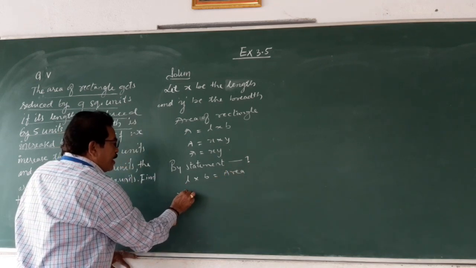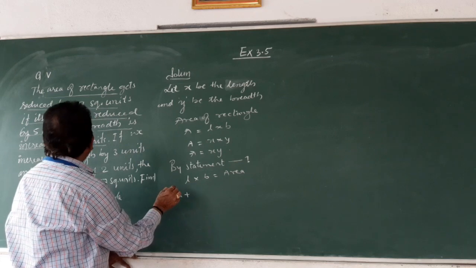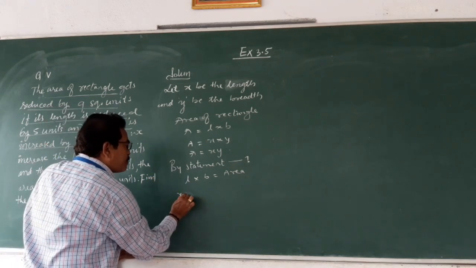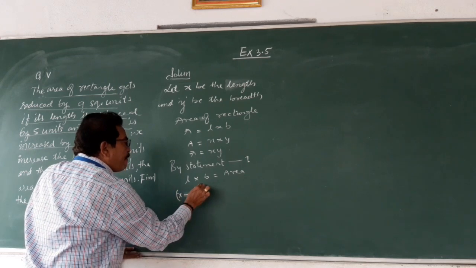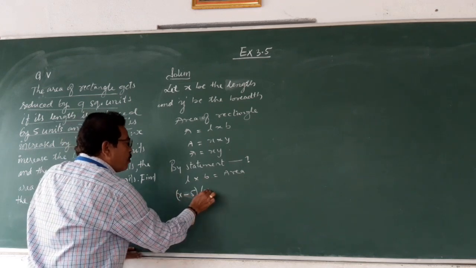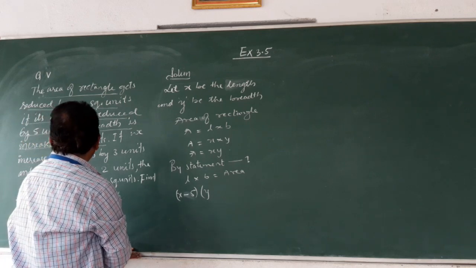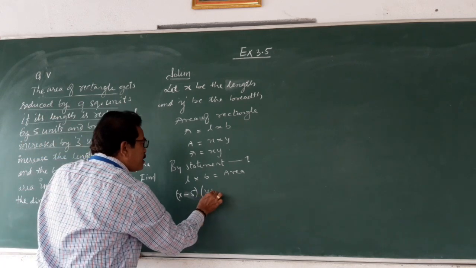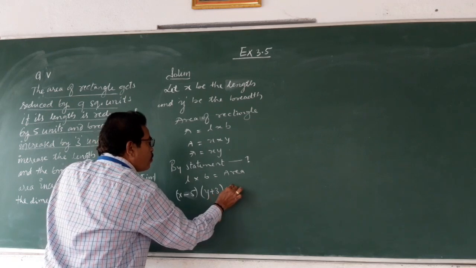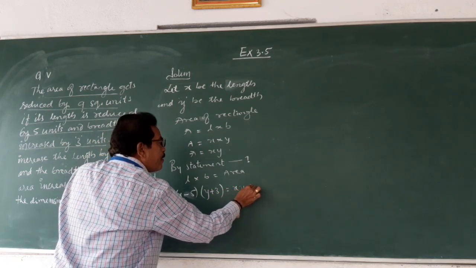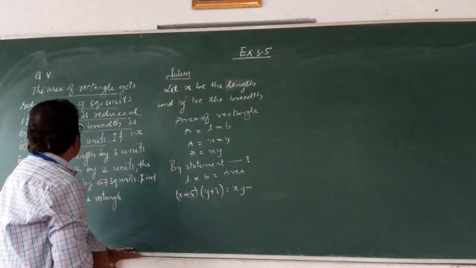Length is x, if its length is reduced by 5, x minus 5, into breadth increased by 3, y plus 3, equals area xy minus 9.